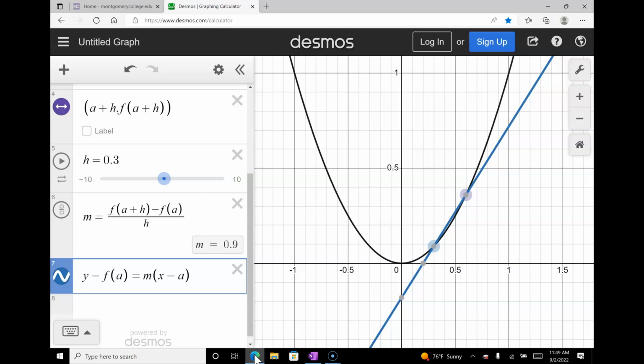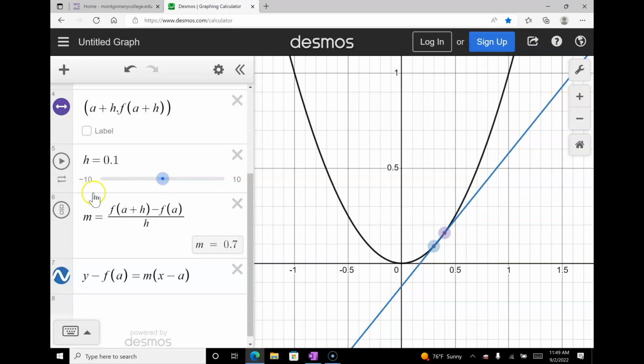Everyone's okay? So, if I change my h value, if I let that h go really small, a nice way to change h is just to say something like between -1 and 1 by a step of 0.01.